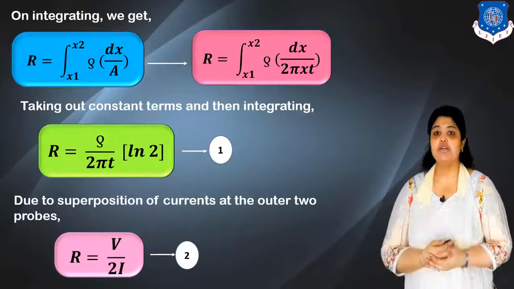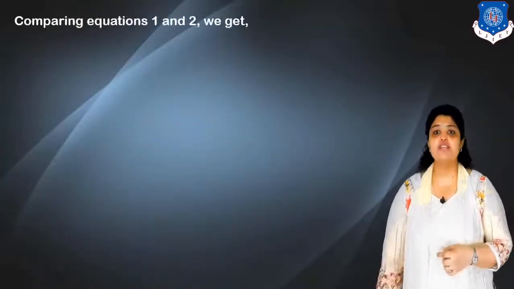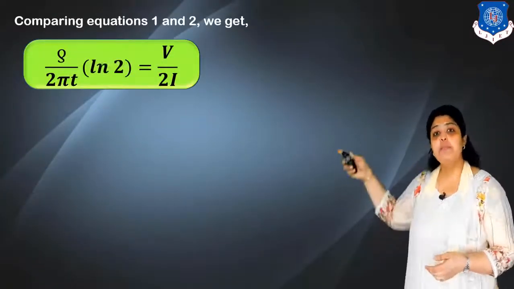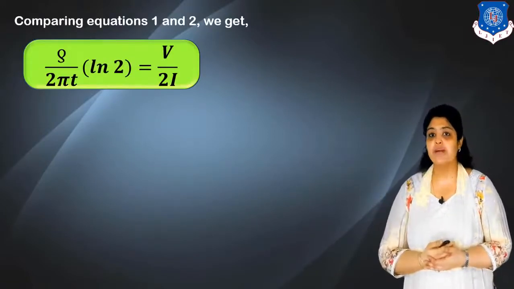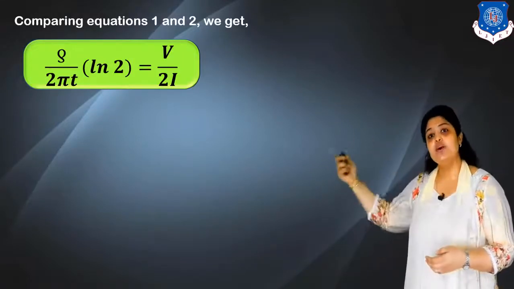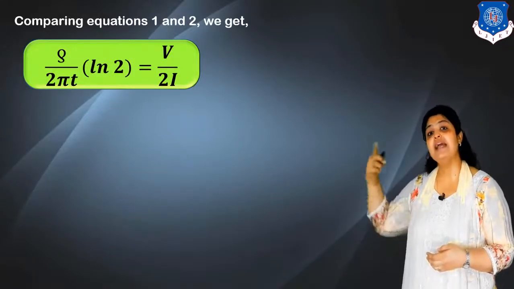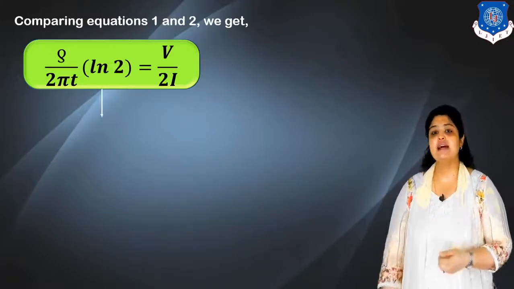This is our equation number 2. Now we compare both these equations and we get rho upon 2 pi t ln 2 is equals to v upon 2I. 2 from the denominator will get cancelled. You take ln 2 on the other side, so we have pi t upon ln 2 into v by I. So that gives us the answer.